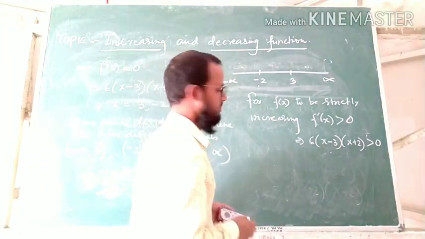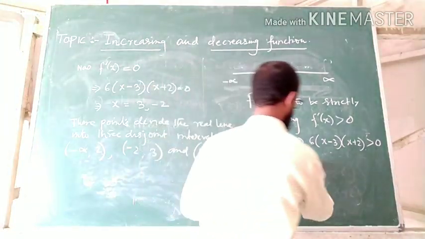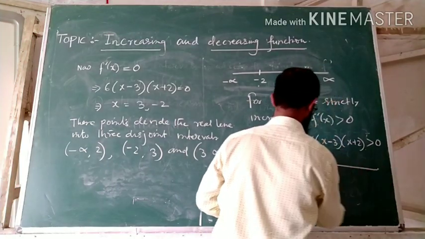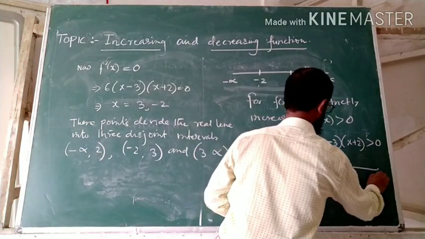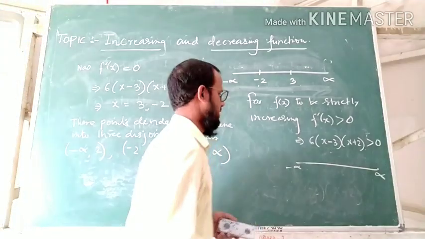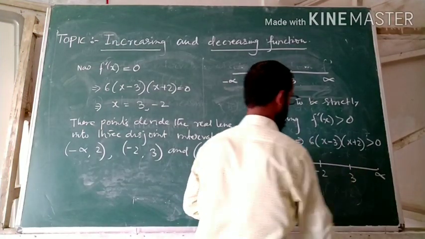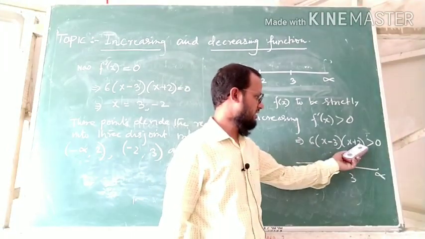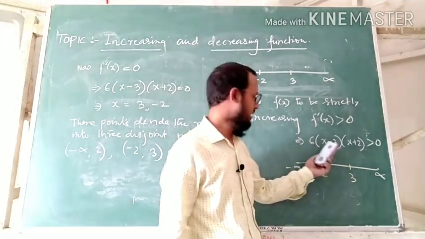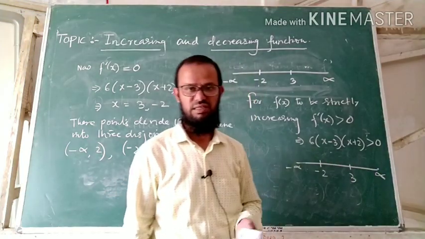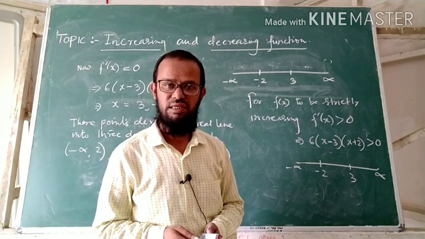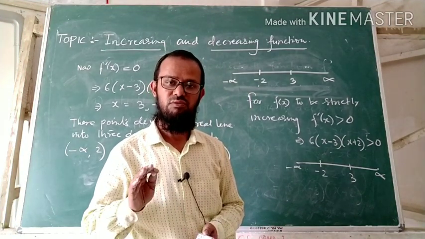Now go to the wavy curve method again. Use this wavy curve method here. There is minus infinity to plus infinity. Okay. From here you see this is your minus 2 and this is your 3. We know that for such a factorization where every factor is a linear factor, then we will start with what?